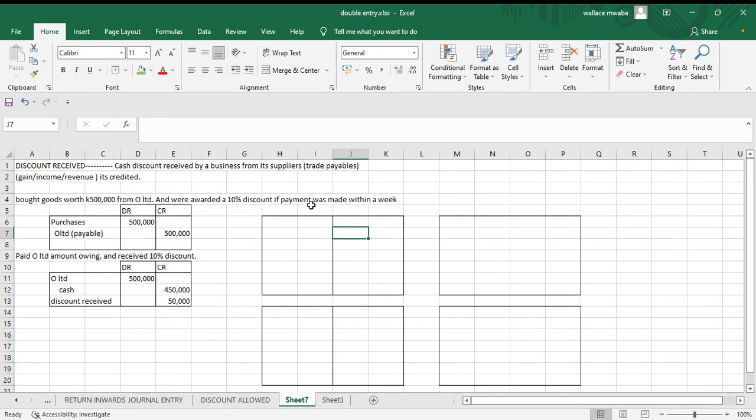First we open the purchases account, and we debited it 500,000. Then we credited All Limited, our payable. Remember, a payable is a liability.